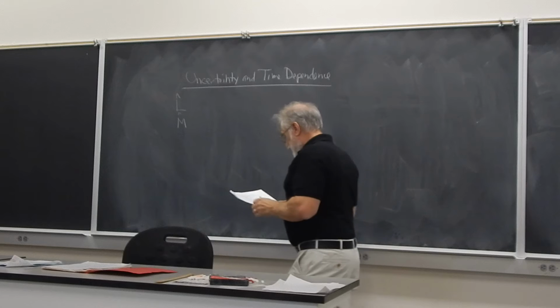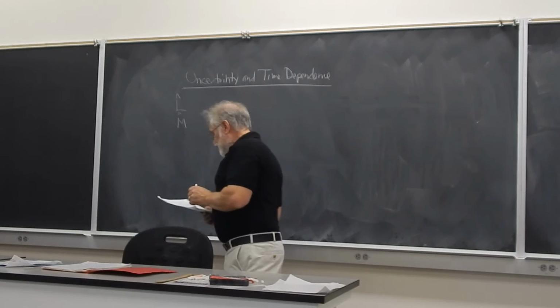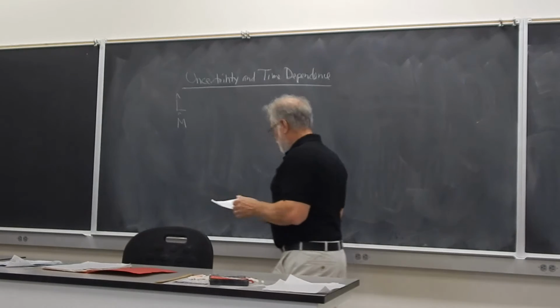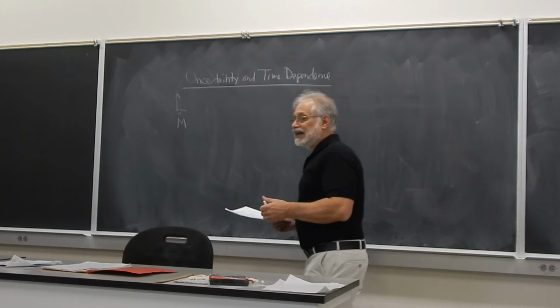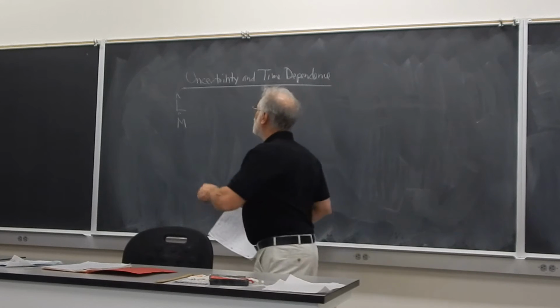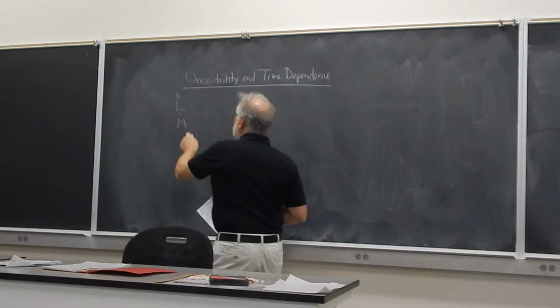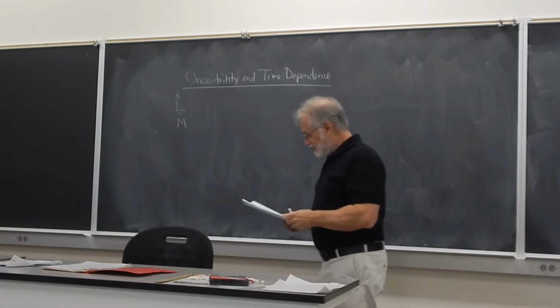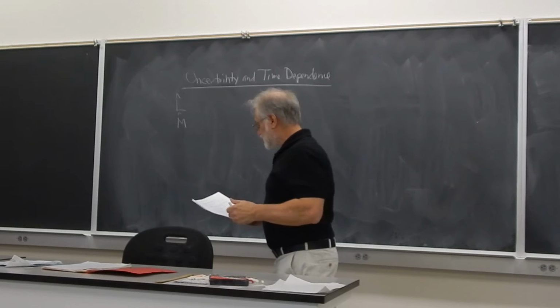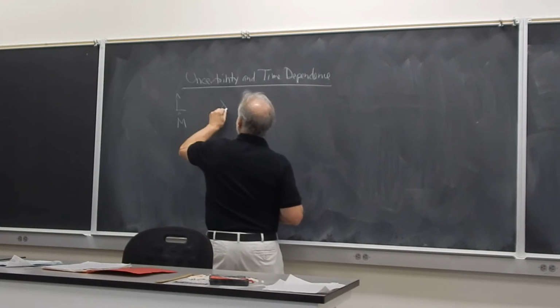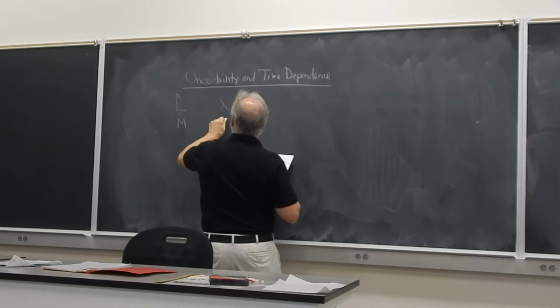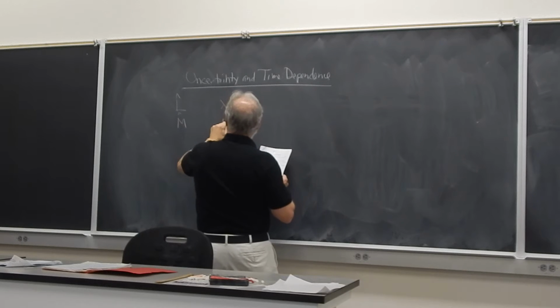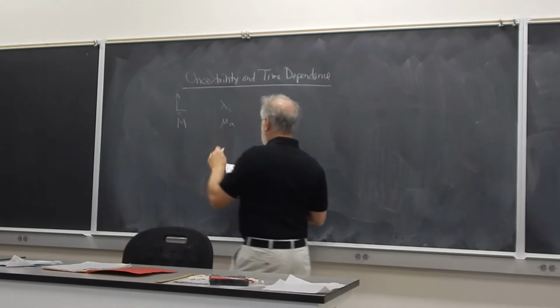In this case, if I measure both spins, the system ends up in a state that's simultaneously an eigenvector of operator L and an eigenvector of operator M. So I need two sets of labels for my basis vectors, and for now I'm going to call them lambda sub I, and I'll call them u sub A. Those are going to be my two labels.